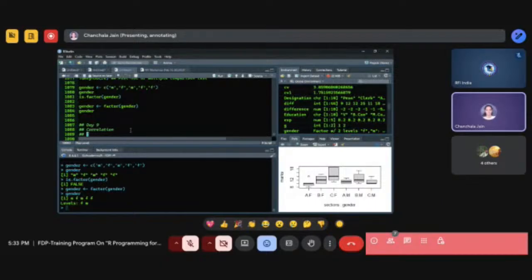Correlation is a statistical tool which helps us to measure or find the relationship between variables.